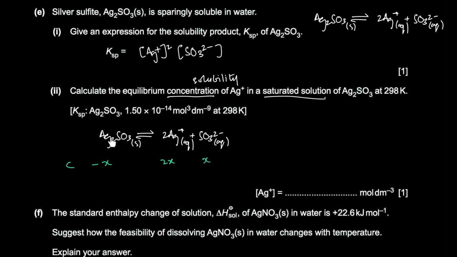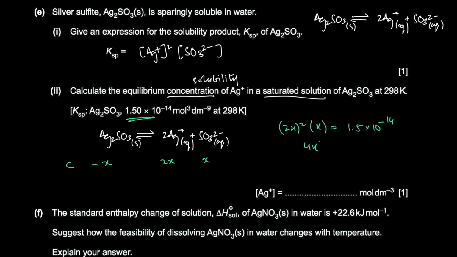Because again, the solubility is the concentration of a saturated solution. That's the amount that dissolves per dm cube. So if x moles of this dissolves, then you get 2x moles of silver, because of the 1:2 ratio. You get x moles of sulfite. The KSP expression is the concentration of silver squared, so 2x, the whole thing squared, times the concentration of sulfite, and this is equal to the KSP, which is 1.5 into 10 to the power of negative 14.